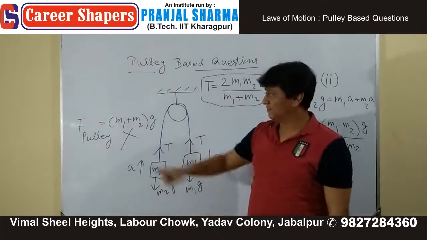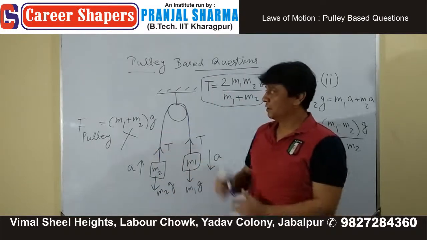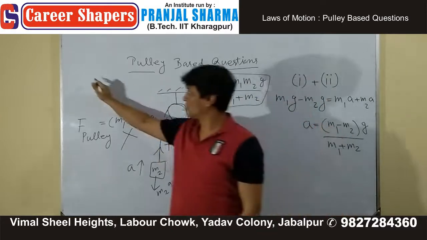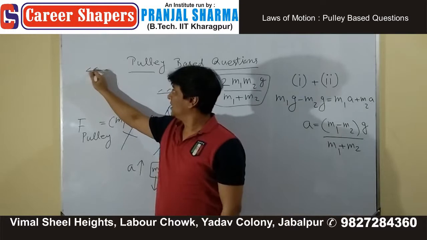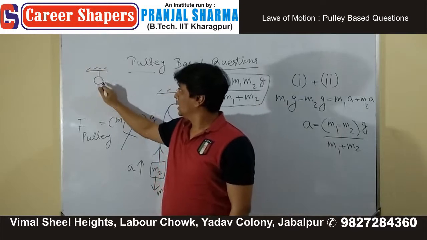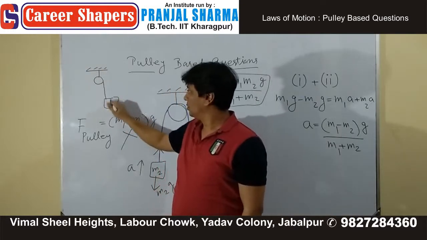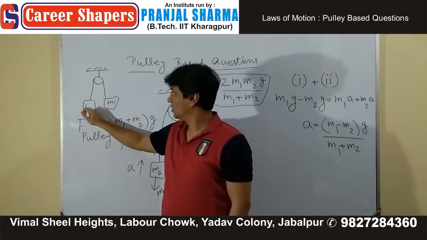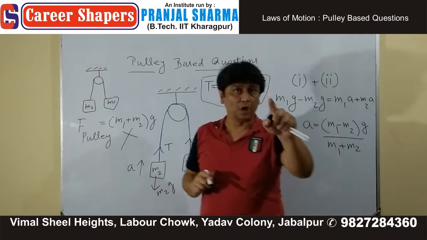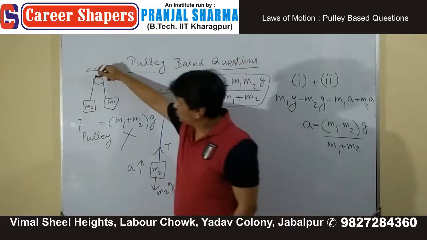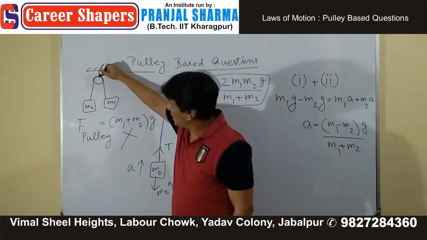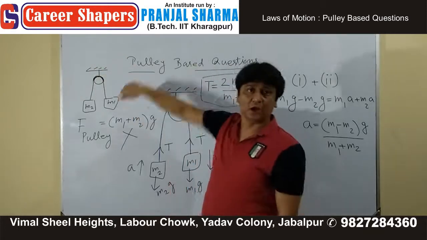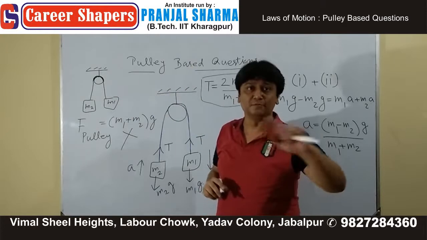Now when will you have something like this? उसको भी देखना. सपोज किसी ने आपसे बोला होता कि एक काम करो भाई, ये लो पुली, इन दोनों ब्लॉक्स को यहां लटका दो, M1, M2, and do what? इस चीज को यहां पर फेविक्विक लगाकर, फेविकॉल लगाकर चिपका दो, so that it doesn't move.